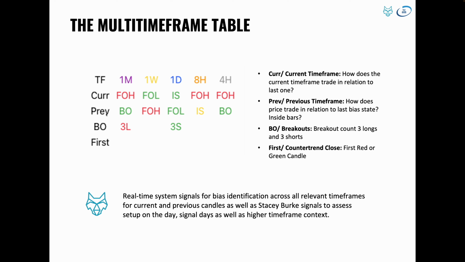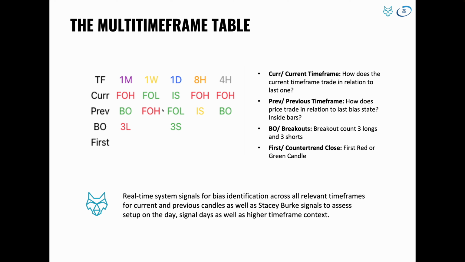So the previous is always good to track if you have a continuation or if it's still conflicting. So if you have a fake out high and here a breakout, then this is still conflicting. Then you don't have an ongoing trend. Then you have something in between.